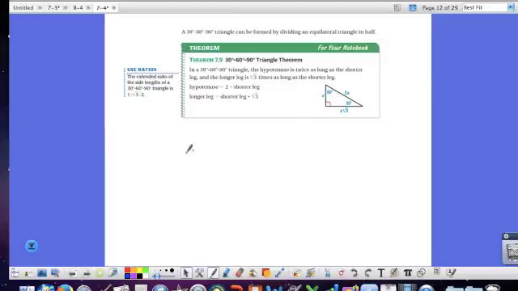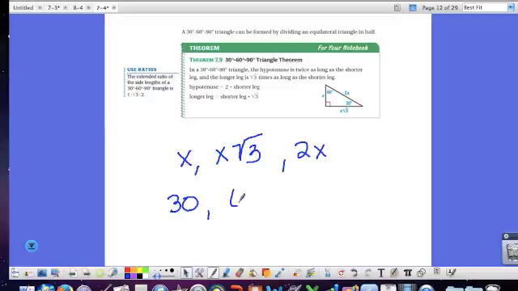And the one in between, if I ordered them from least to greatest, you're going to take the side opposite the 30-degree angle and multiply it by radical 3. So basically, you kind of remember x, x radical 3, 2x, they go in order from least to greatest: the side opposite the 30-degree angle, the side opposite the 60-degree angle, and the side opposite the 90-degree angle.